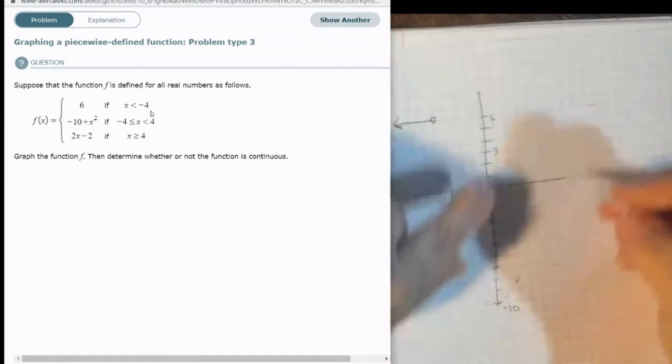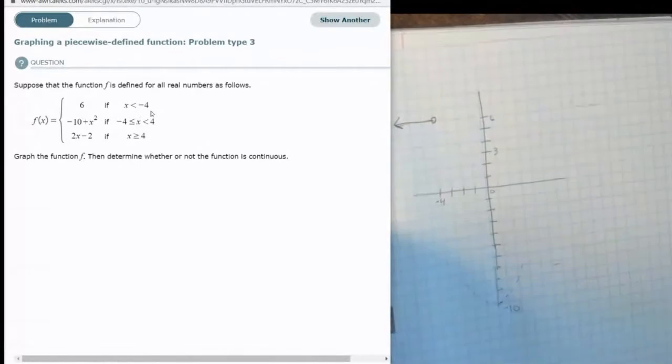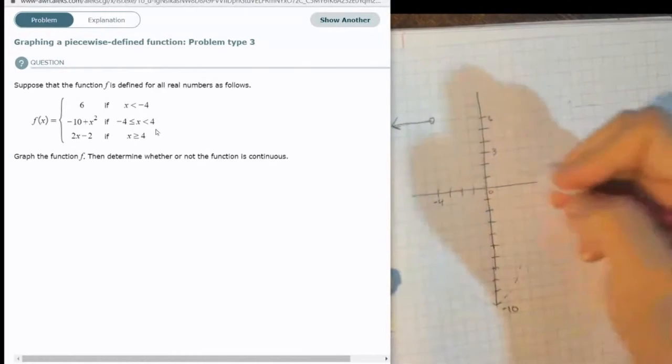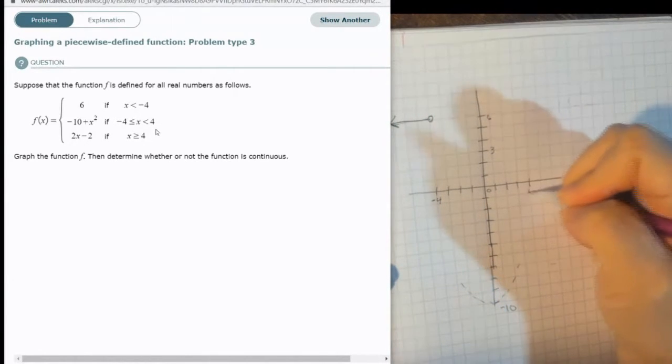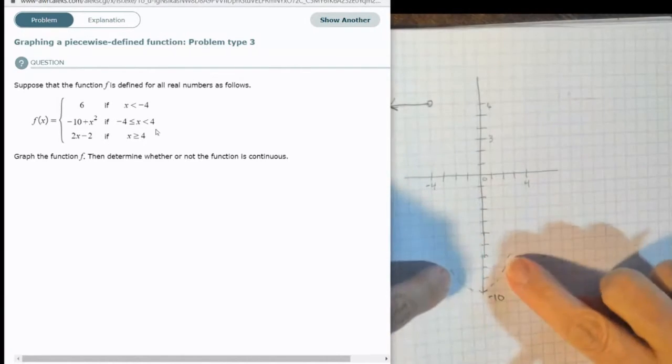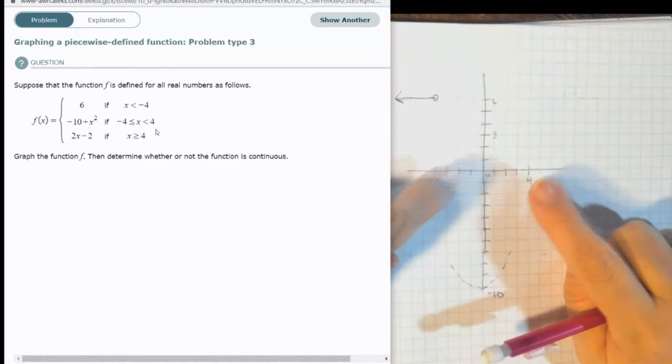But I don't know where it's going to cross. I know that my endpoints, if we look at this interval, are from -4 to 4. So I want to keep the parabola in between here. We'll then plug those values in and see where the point is.